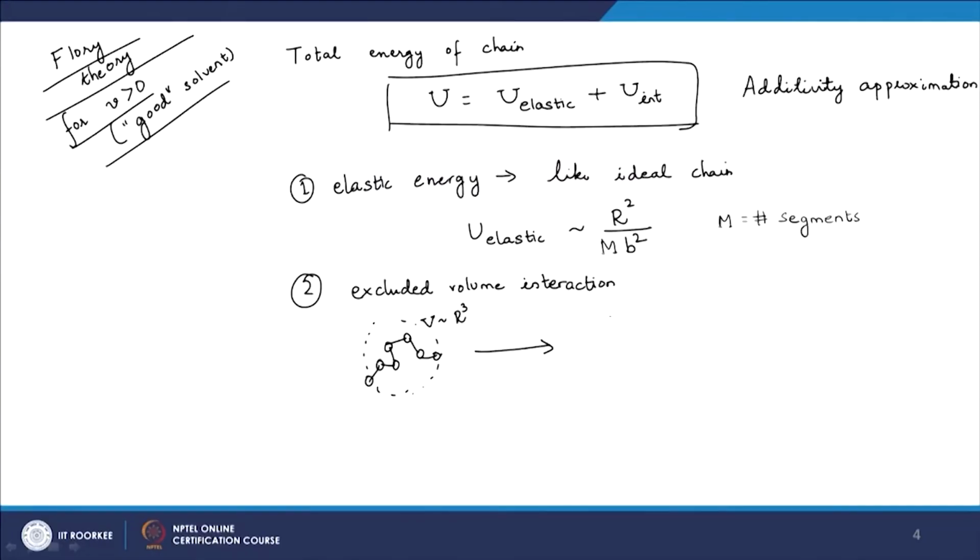In that volume I assume that the segments are uniformly distributed. That means we do not care about the fact that the actual polymer chain is connected, and it is not the same as a uniform distribution of segments. Other segments cannot be just anywhere; each has to be connected to the previous segment, but we assume otherwise.